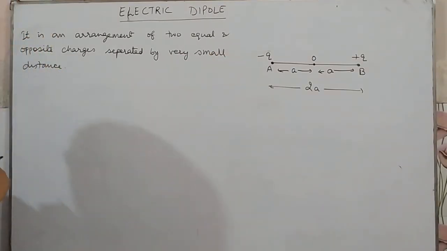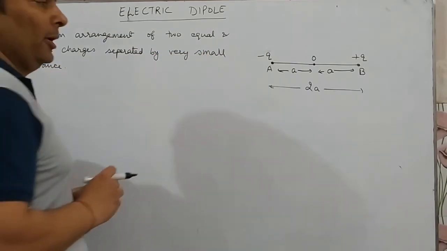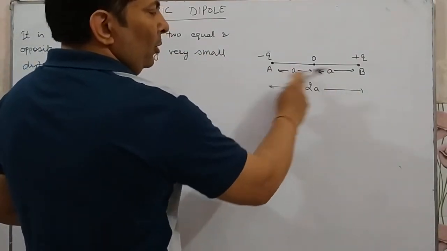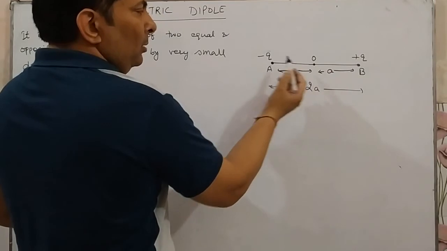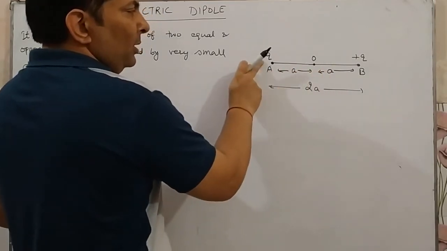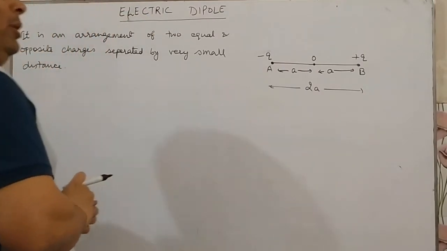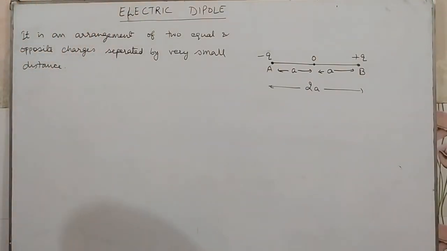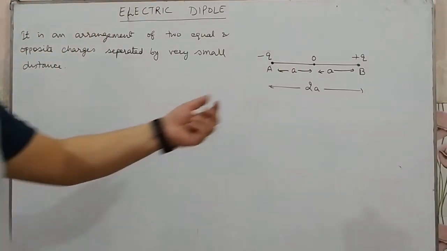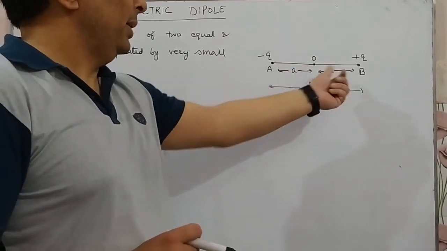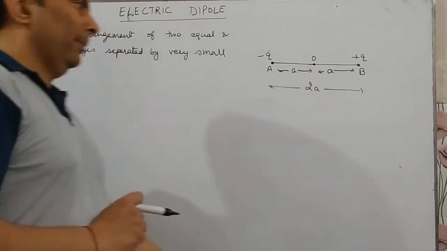It is shown in our diagram. Here we have an electric dipole AB. O is the center. Two equal and opposite charges, minus q and plus q, are separated by a very small distance 2a. Here O is the midpoint, so OA is a, OB is a, and the total is 2a.